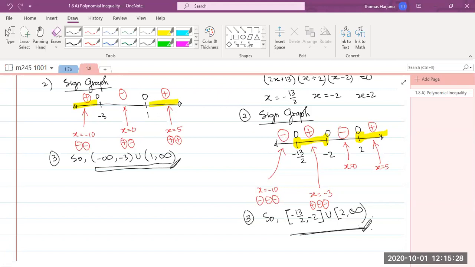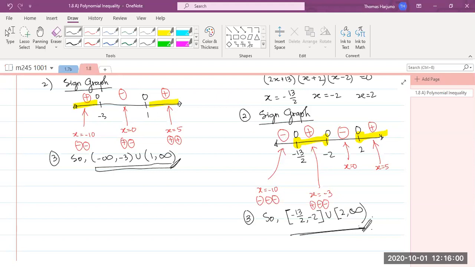Yes? Oh yeah, Professor. I kind of don't get how you bracketed. How come you didn't bracket -2 and +2? I use brackets on my negative 2 and 2.